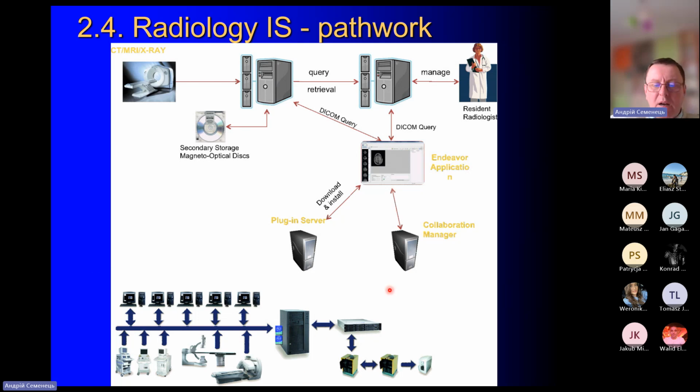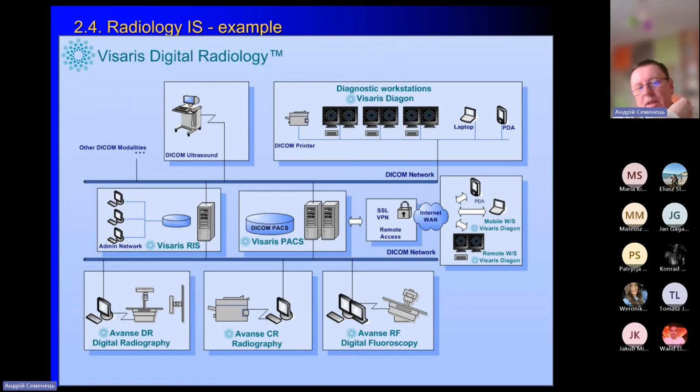So here is a possible diagram of how it could be implemented, how we can deal with a RIS system, and the main thing is its ability to retrieve medical images, visualize them, and if possible, make automated analysis. As you can see in this diagram, RIS and PACS are clearly shown together. We have some visualization tool, we have medical imaging devices, and they are connected to both PACS and RIS.